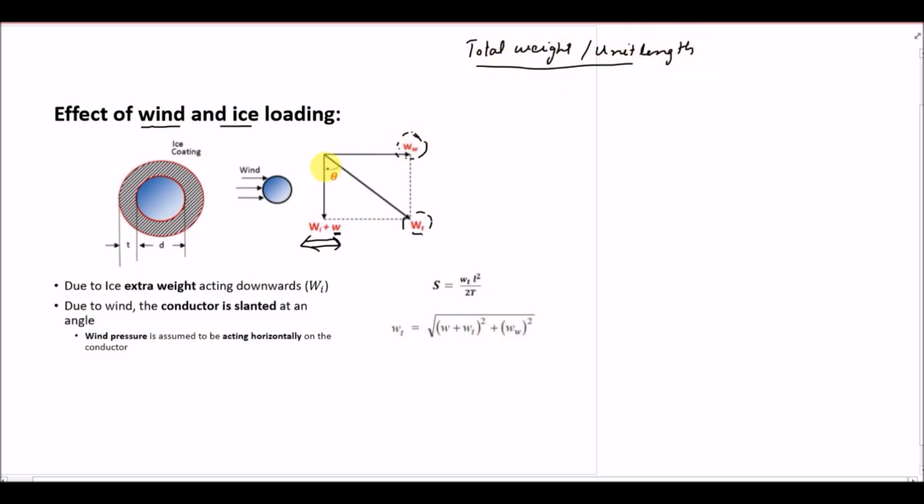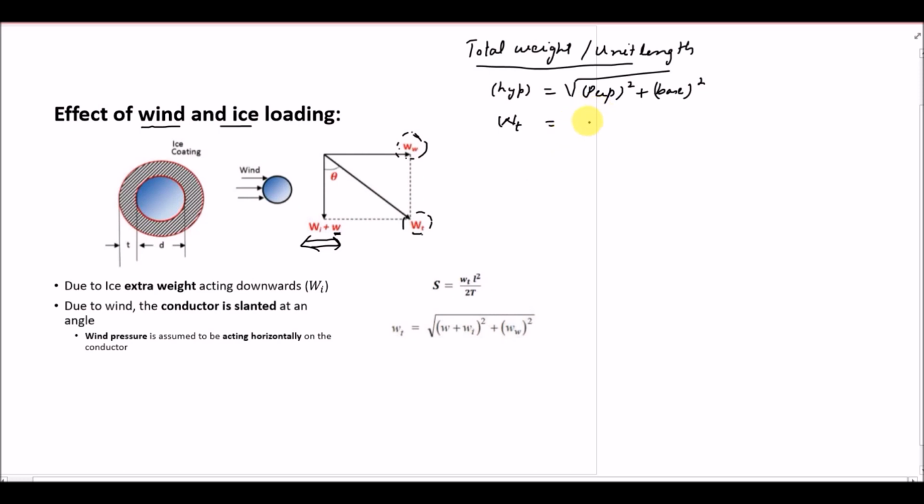from the figure we have a right triangle. So we know the formula that the hypotenuse is equal to the square root of perpendicular square plus base square, and at the hypotenuse we have the total weight, at base and perpendicular we have the wind pressure and the weight of conductor plus ice loading.